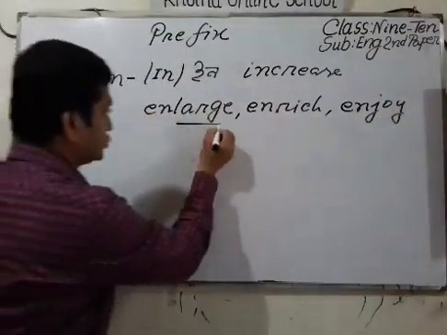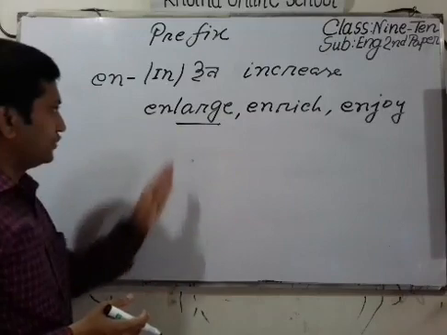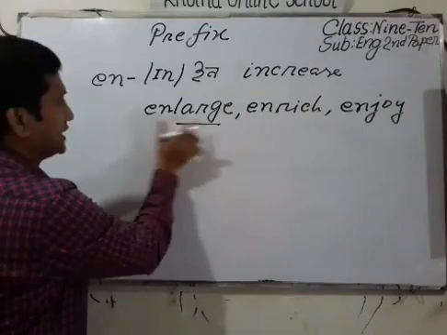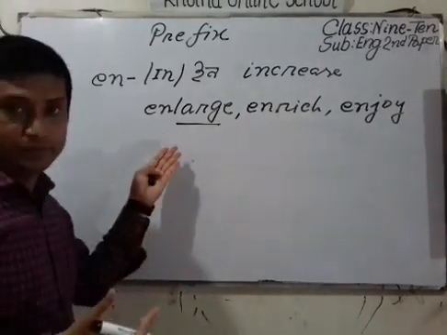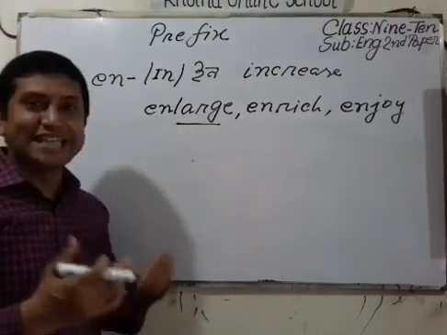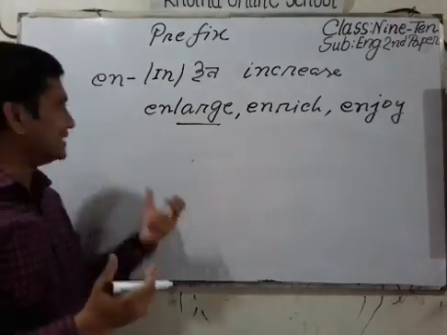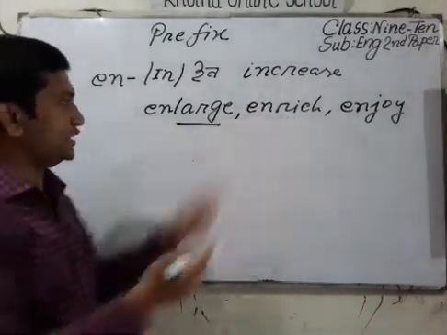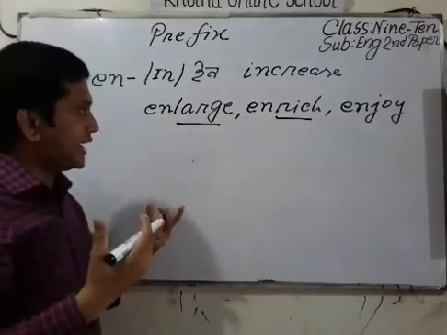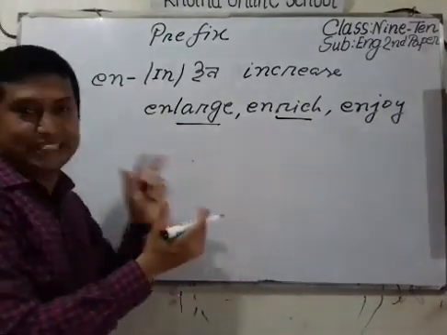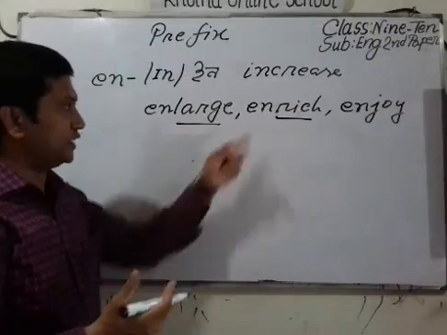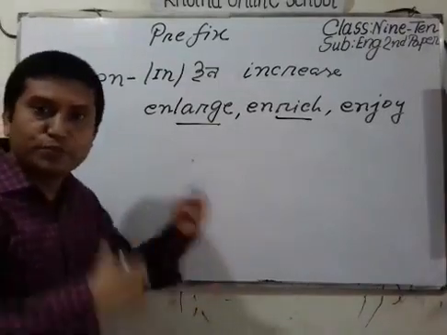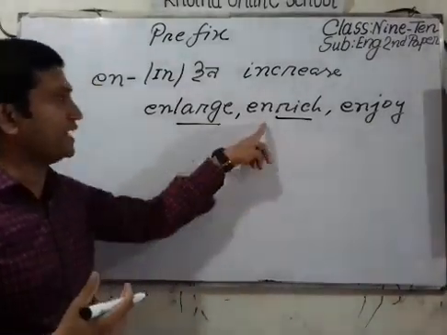The students, large is an adjective, and when we attach en at the beginning of the root word, enlarge, now it has become a verb. So first we see large is an adjective. Now after adding en to the word, it becomes a verb. And rich, it is also an adjective, and it changes parts of speech. It is a verb, enrich: to improve the quality of something, to increase the quality of something.